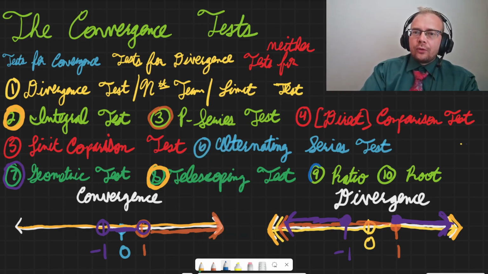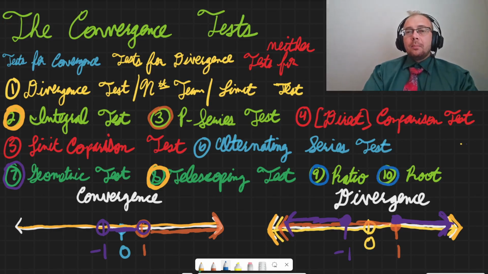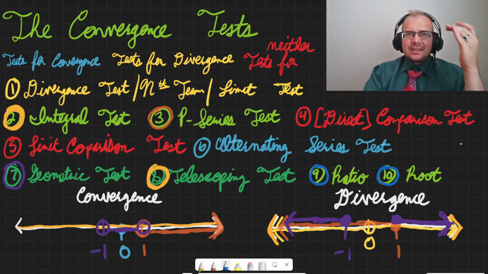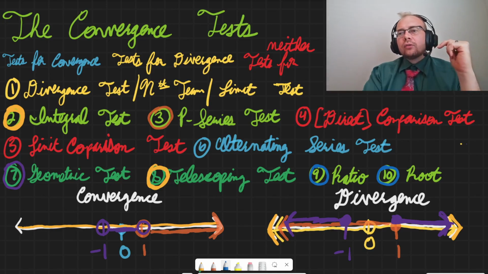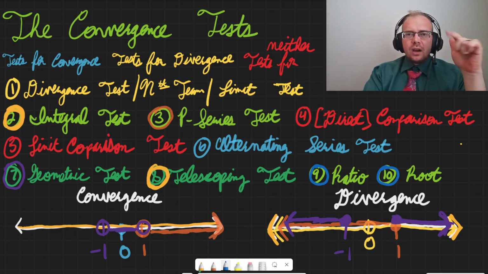Okay, so with both the ratio test and the root test, they do different things. Ratio is dividing a sub n plus 1 over a sub n, and then root test is going to be the nth root of a sub n.